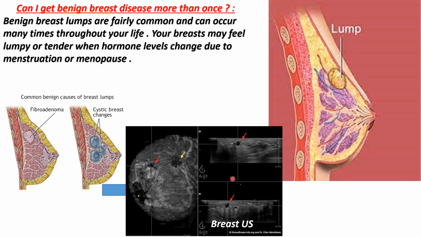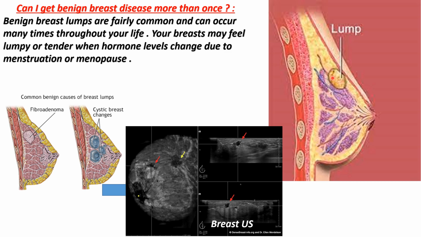The question now, can I get benign breast disease more than once? Benign breast lumps are fairly common and can occur many times throughout your life.